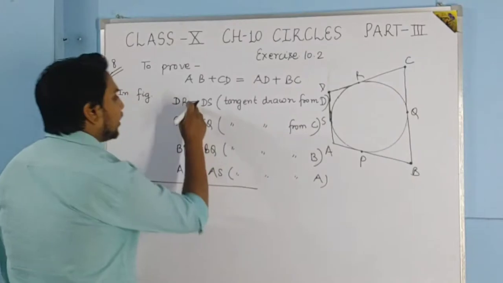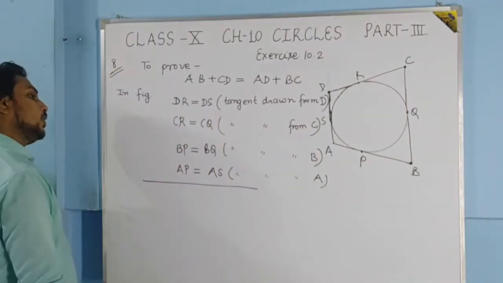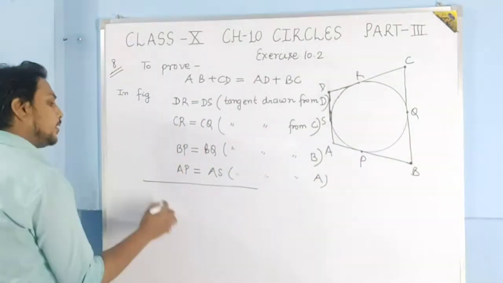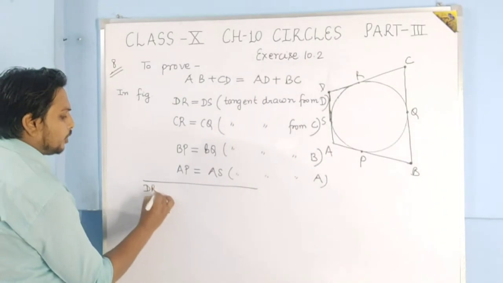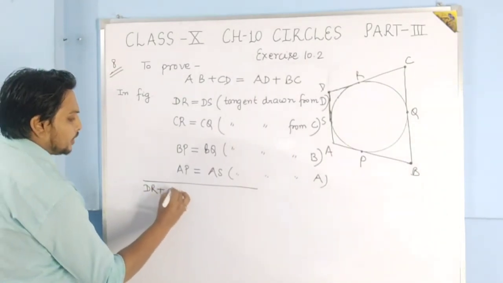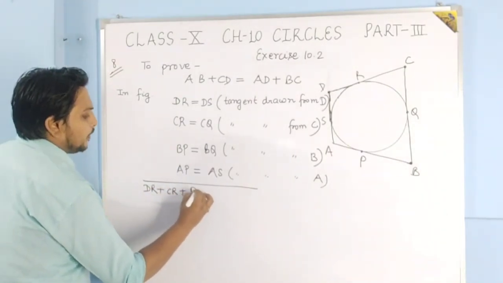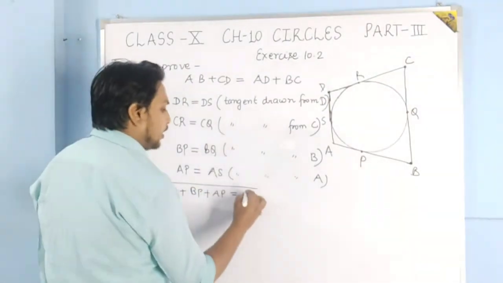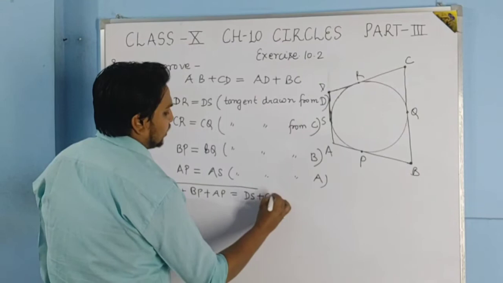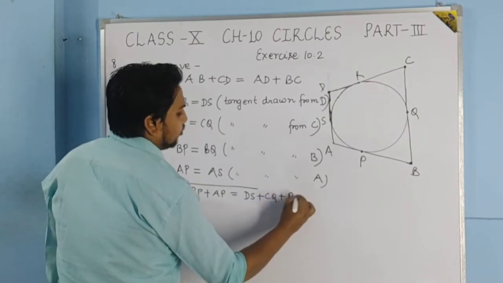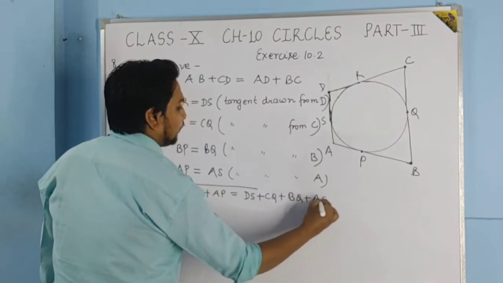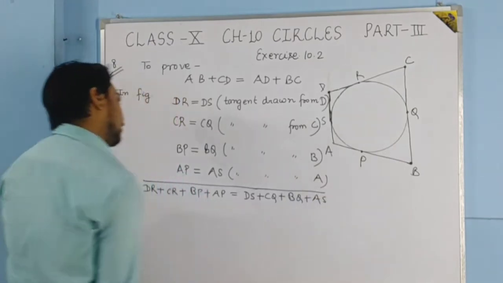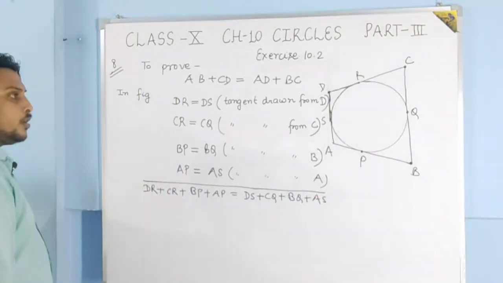Now students, add these four equations. When you add these four equations, in the left hand side what you will get? DR plus CR plus BP plus AP, and in the right hand side you will get DS plus CQ plus BQ plus AS. What I have done?